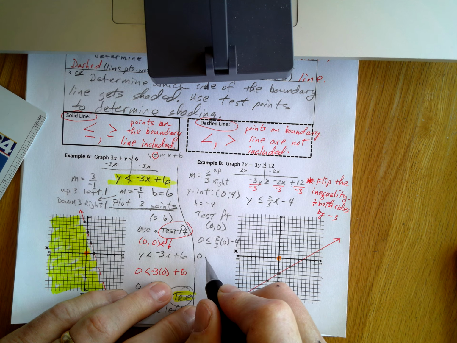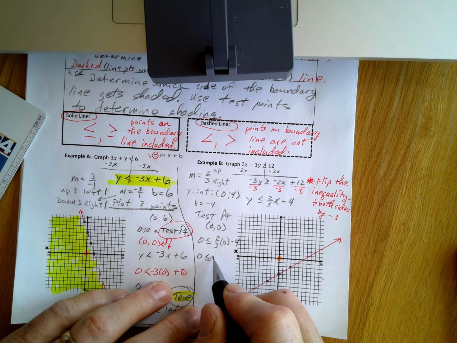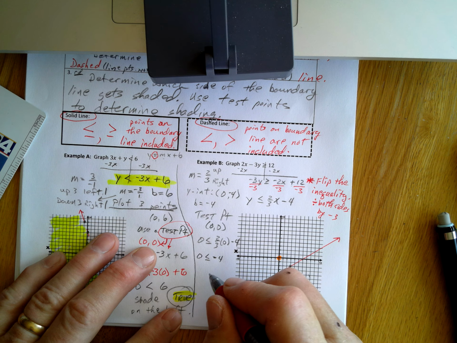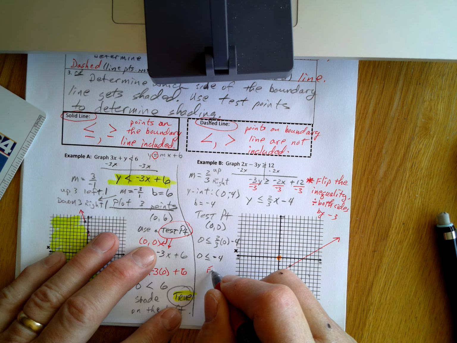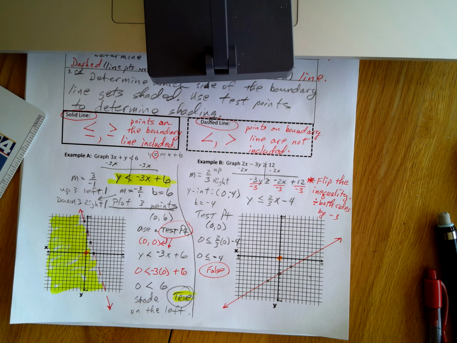And 0 is less than or equal to negative 4 is false, because 0 is greater than negative 4. So what does that mean we're going to do? That means we're going to shade this side of our inequality.